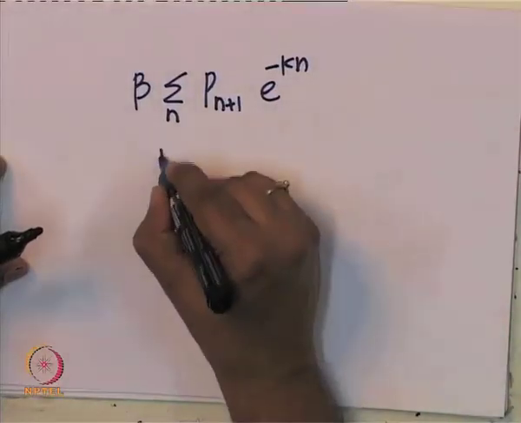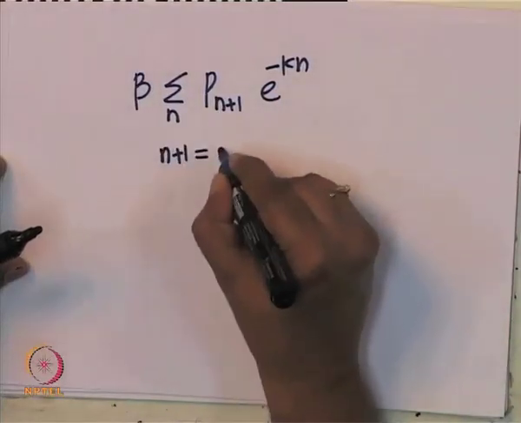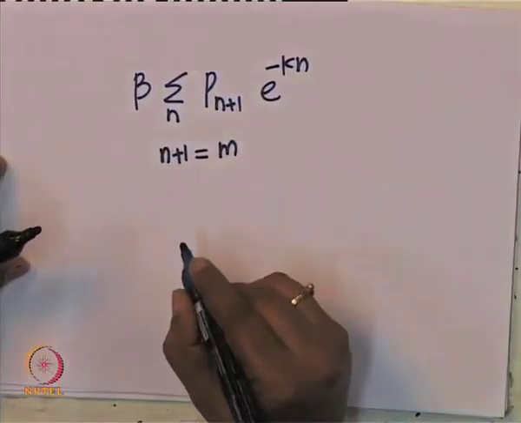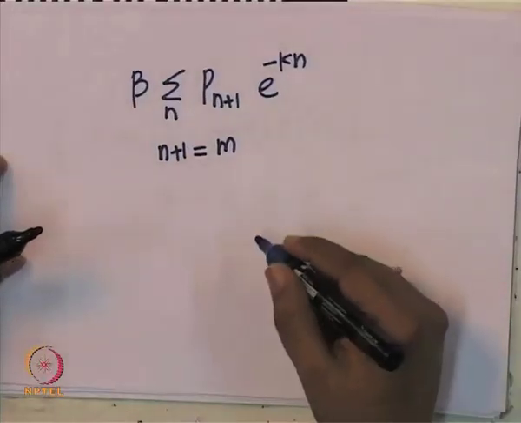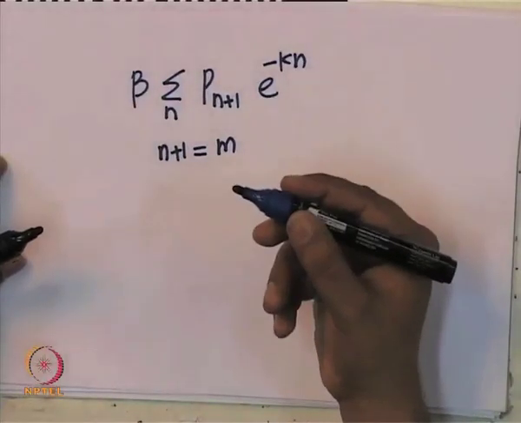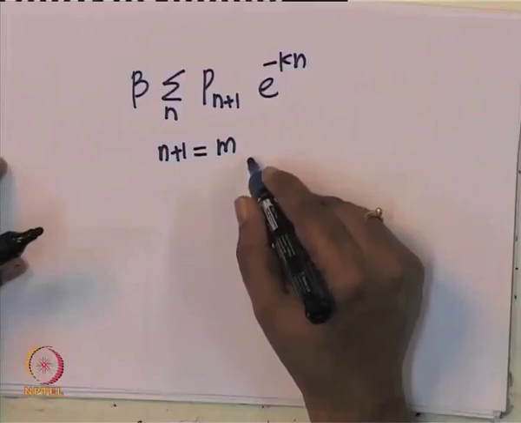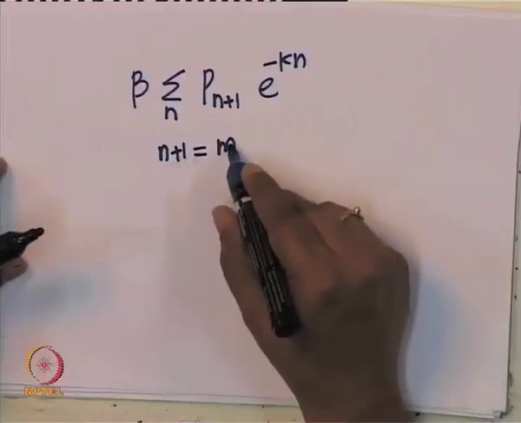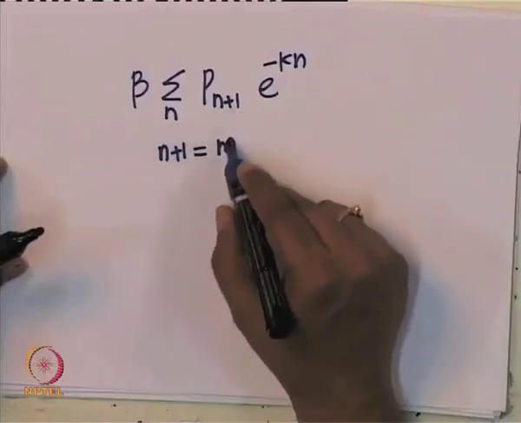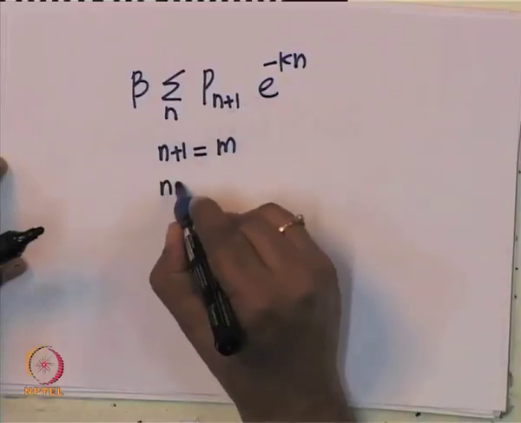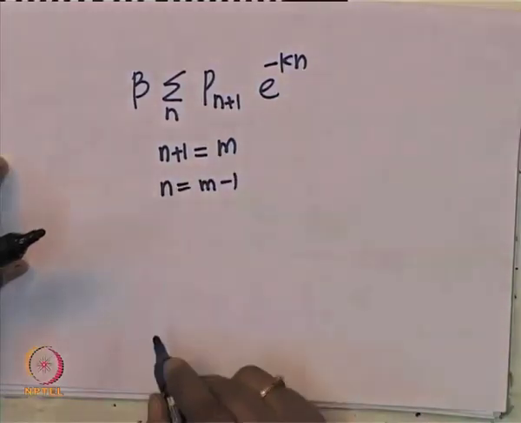So, here I will use the trick: I will call n plus 1 equal to some m. I could call it m or q or p or whatever, another integer. Then wherever I have n plus 1, I could put m, and that means n is equal to m minus 1.